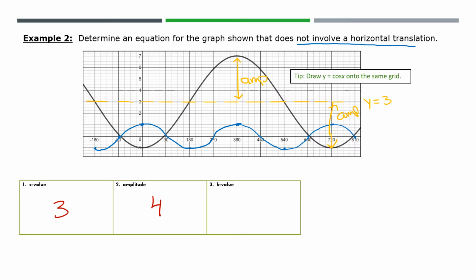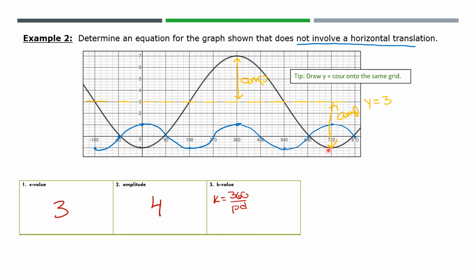What about our K value? K value, remember the formula for that? K value is equal to 360, because that's the parent function's period, divided by the period of the graph we're talking about, not the blue one, the black one. What's the period of the black one? So we go from a minimum to minimum.